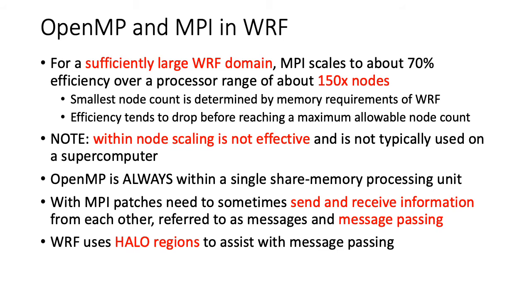So if we try to use fewer and fewer nodes, the amount of total memory that's required to be fulfilled by individual nodes is increased. And we can get to a point where the WRF model requires more memory than the individual nodes would be able to supply.